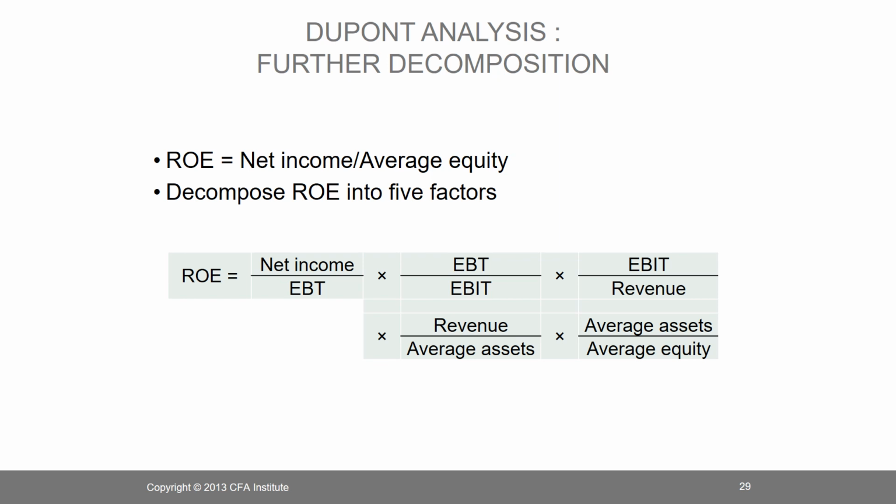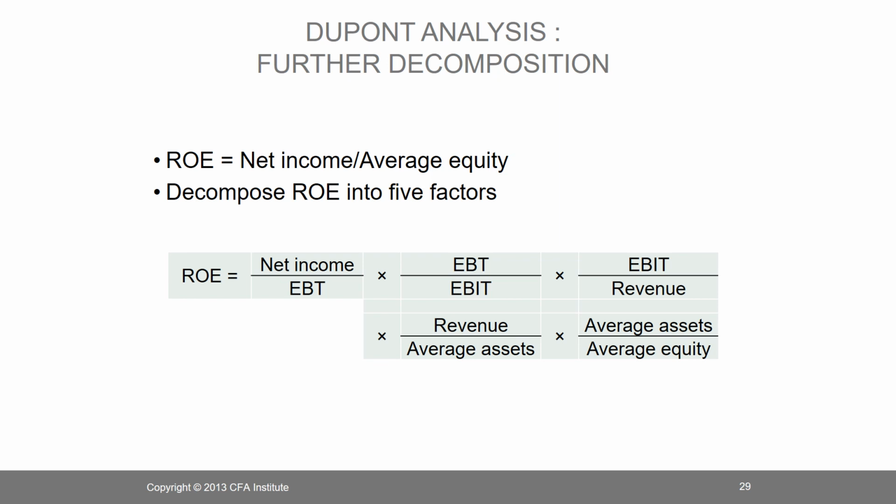Now, the total asset turnover ratio, which is revenue divided by average assets, is an indicator of the overall efficiency of the company, i.e., how much revenue it generates per unit of total assets. The financial leverage ratio, which is, as you remember, average assets divided by average equity, shows the total amount of a company's assets relative to its equity capital.